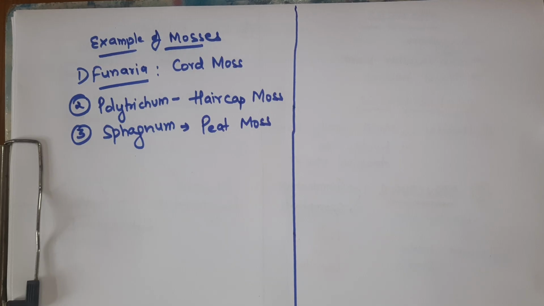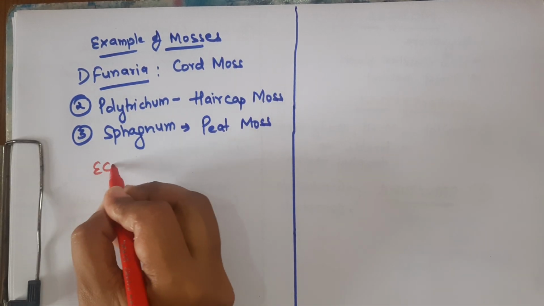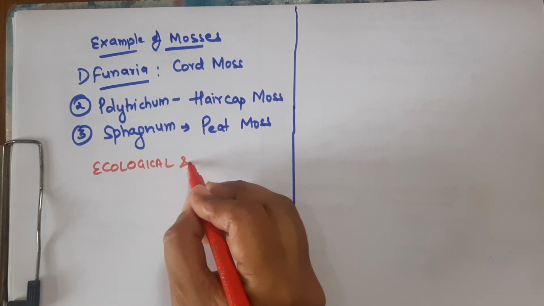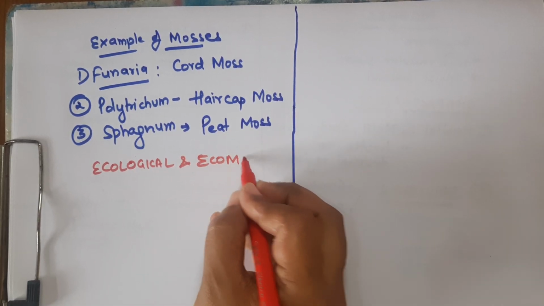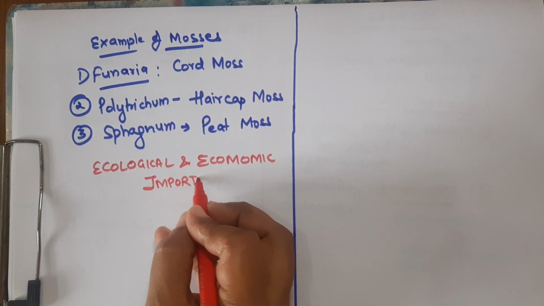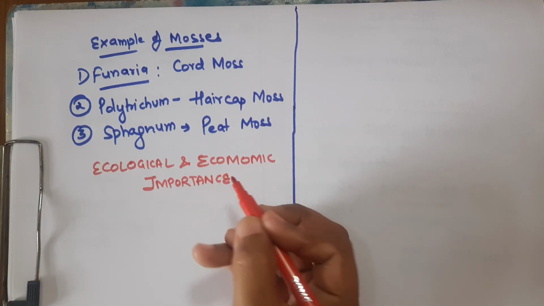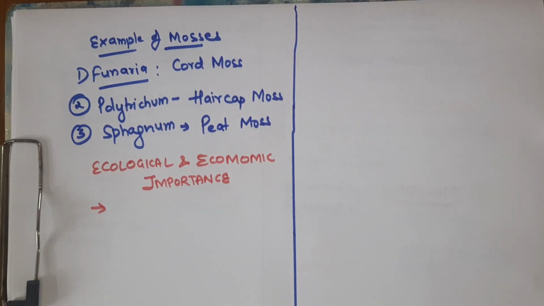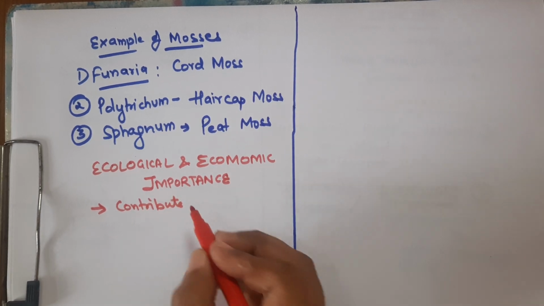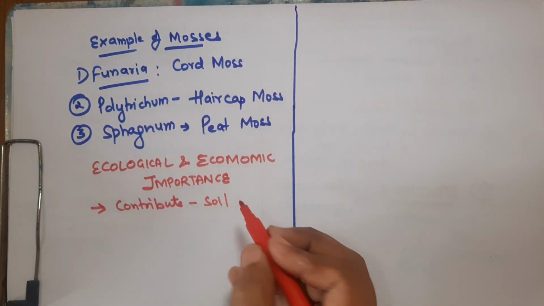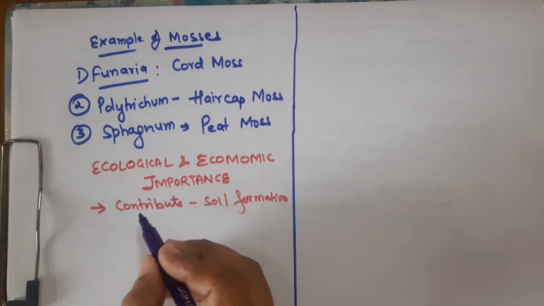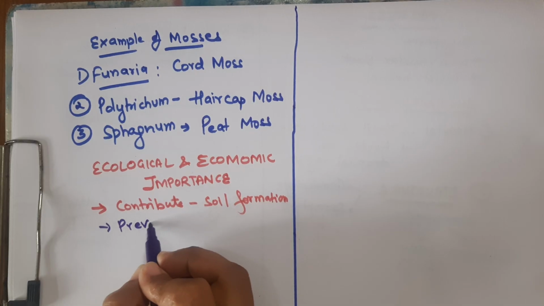So if we talk about the ecological and economic importance of the mosses, like the liverworts, the gametophytes contribute to soil formation. They also prevent soil erosion.